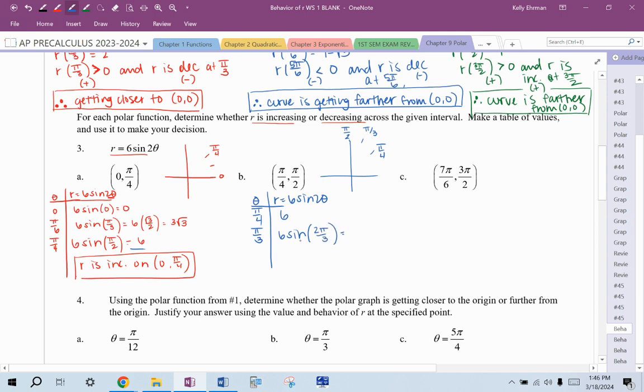Now sine in quadrant 2 is still positive, so this is 6 times radical 3 over 2, which is 3 radical 3 again. And then plug in pi over 2, but that's 6 times the sine of 2 pi over 2, sine of pi. Sine of pi is 0. So 6 to 3 radical 3 to 0, that means r is decreasing on pi over 4 to pi over 2.